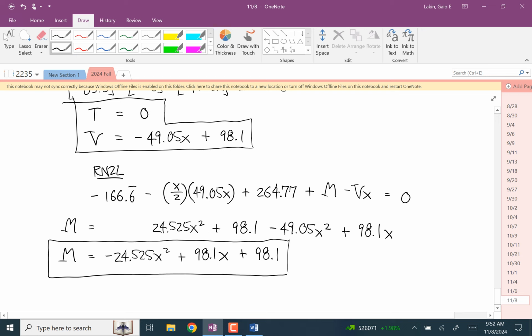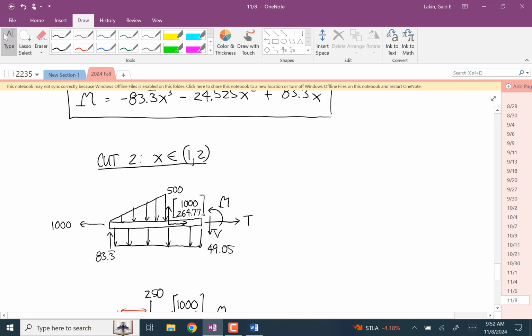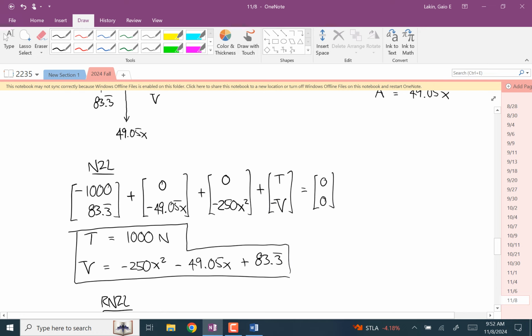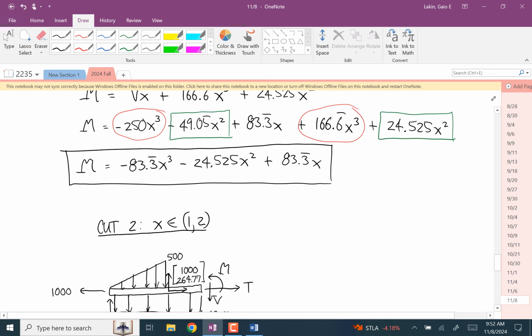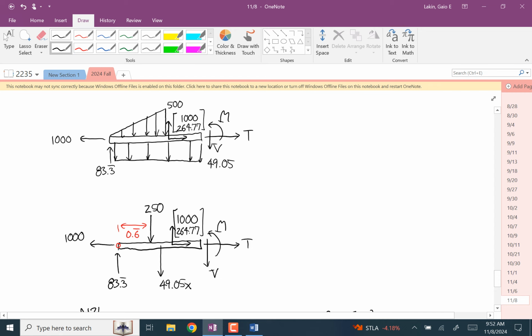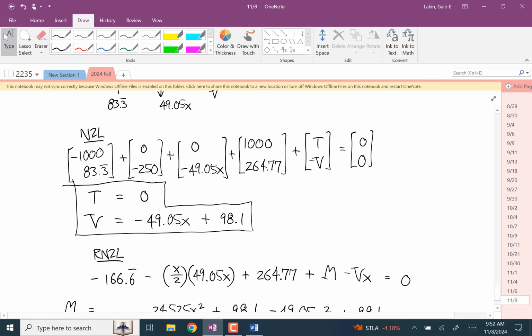dM/dx is equal to V. Now what's q in this case for this cut? Just the weight. That's right. This time that triangular distributed load doesn't count for that q function. And so all we have is a distributed load, a q function of 49.05.